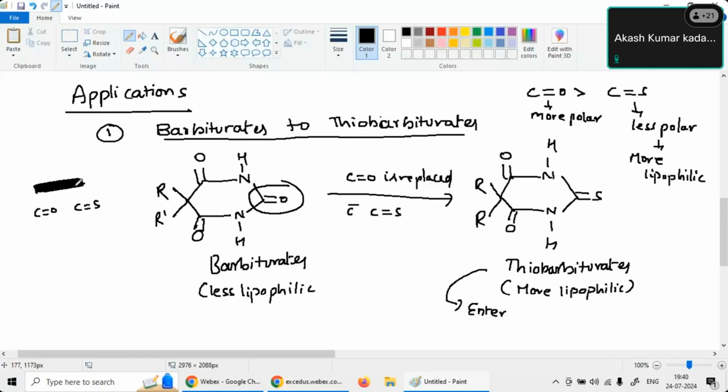The sulfur-based compound can readily cross it, show the action and readily get out of the blood-brain barrier. That is why it enters the CNS readily. As it enters the CNS readily, it has a short onset. It will show the action readily, right?